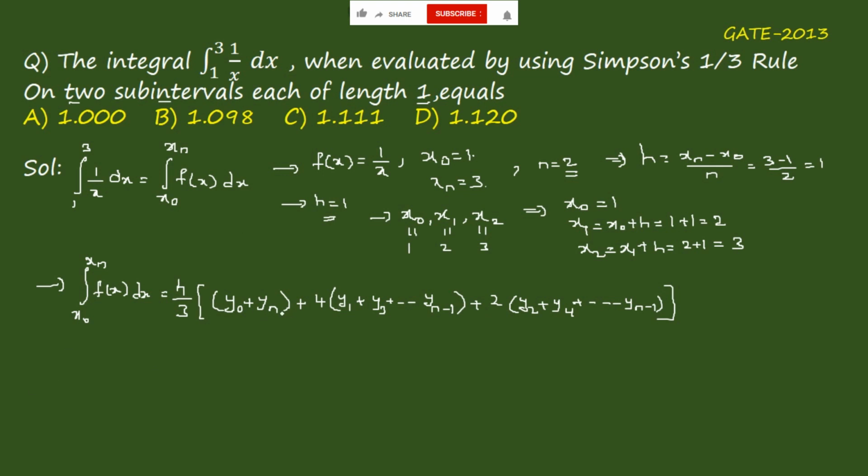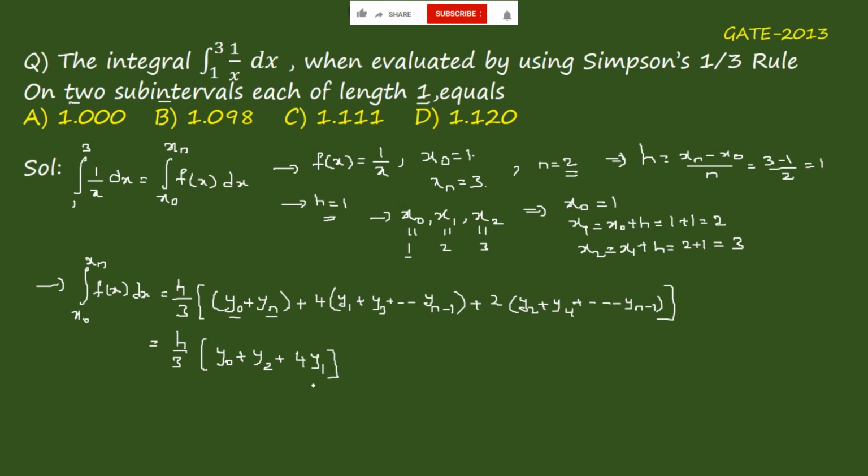Now the n value is given as 2, right? So we will substitute the value here. We get h by 3 into the first term and last term, so it becomes y naught plus y2, plus we have only one term, so it becomes 4 times y1.